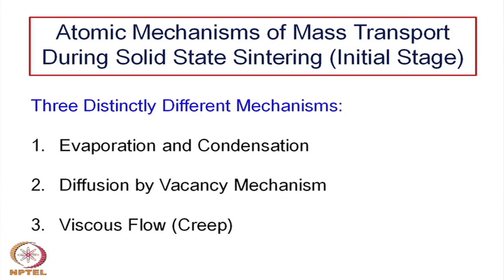Now, in solid state sintering, of course, mass transport has to be there, and we have seen there are two major mechanisms by which mass transport can happen. One is evaporation condensation, when the vapor pressure of the solid is quite high, or very close to its melting point, where the vapor pressure increases substantially; in such cases the evaporation condensation mechanism is dominant.